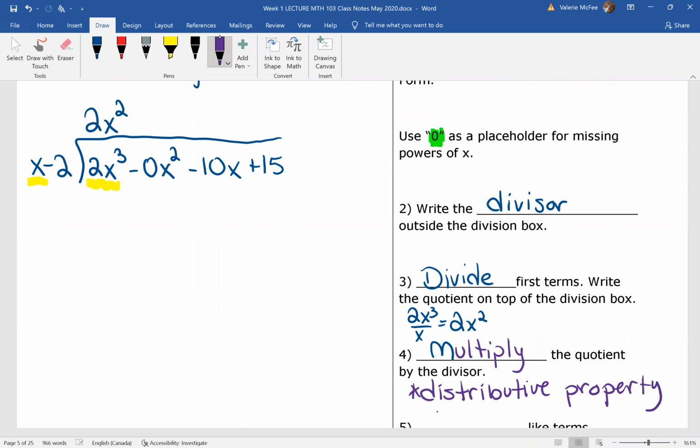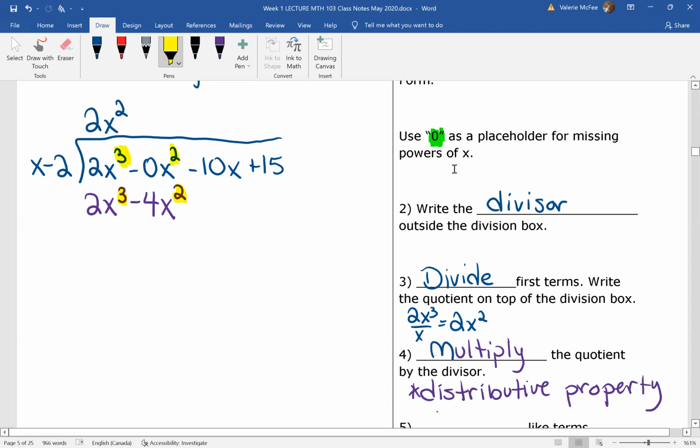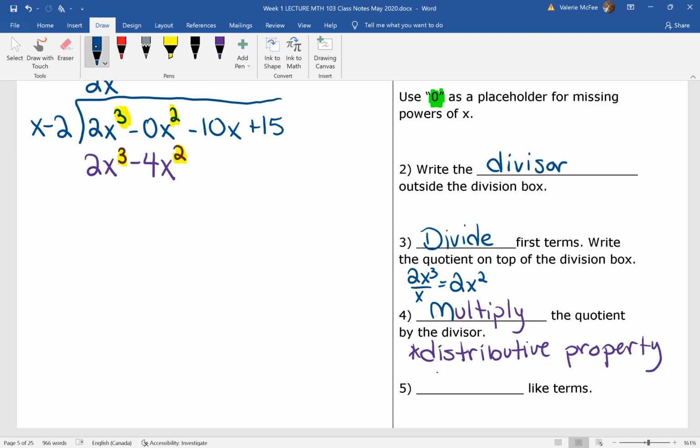That means that 2x squared is going to multiply x and minus 2, giving us 2x cubed minus 4x squared. Notice that we're matching up our powers of x. This is important because in the next step, we're asked to subtract like terms.